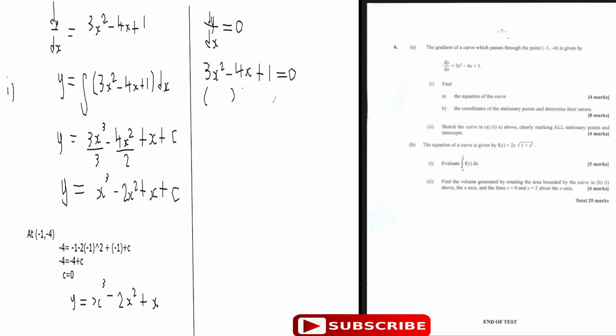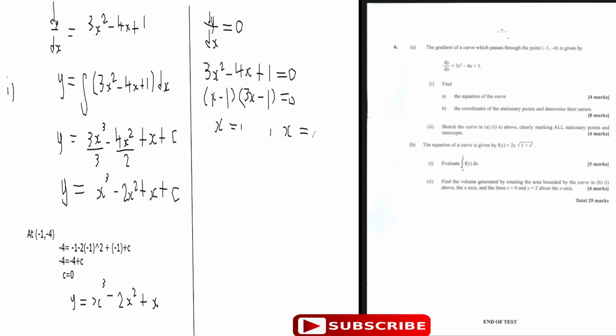By factorizing it, what we're going to get is signs are the same, and both of them are negative. So this is minus, minus, this has to be x and 3x. And so the stationary points are going to occur when x is equal to 1, or when x is equal to 1 over 3.